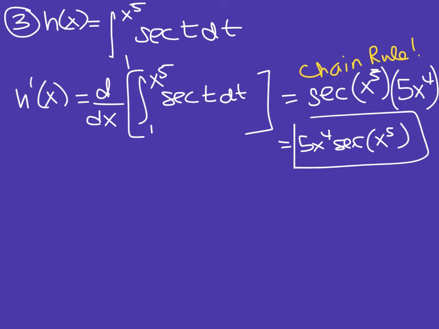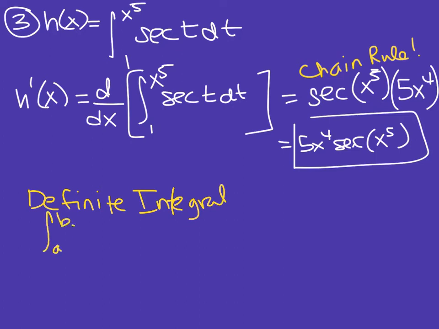I want to make sure that you understand the difference between a definite and an indefinite integral. So a definite integral is going to be those are the ones where you see an upper and lower value. The answer for a definite integral is going to be a constant, and it represents area.